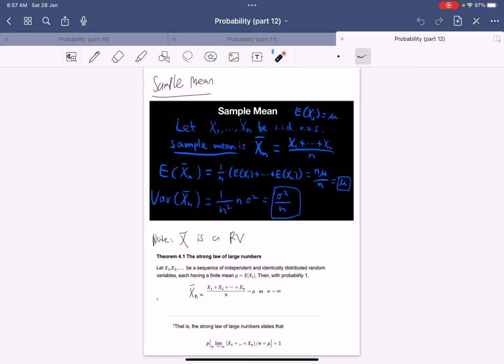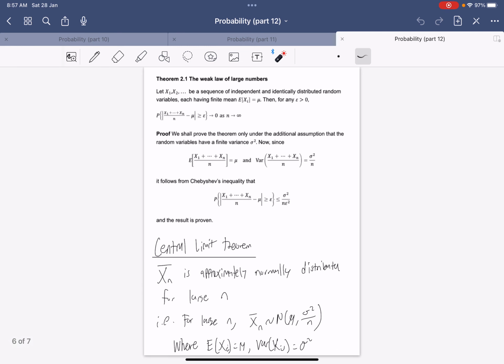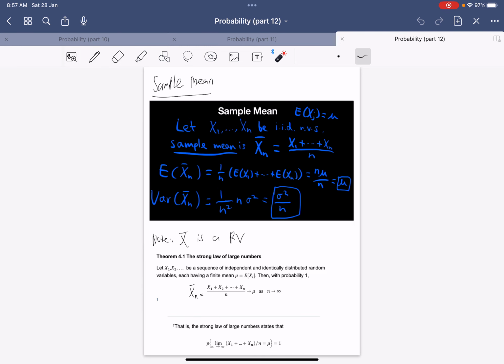You take the limit as n goes to infinity. The proof of this you can find in the textbook. It's a bit long and technical, so I won't go through it for this simple course. But I hope you understand why, because you're taking a sample mean, and so you want it to approach the expected value in the long run as well.